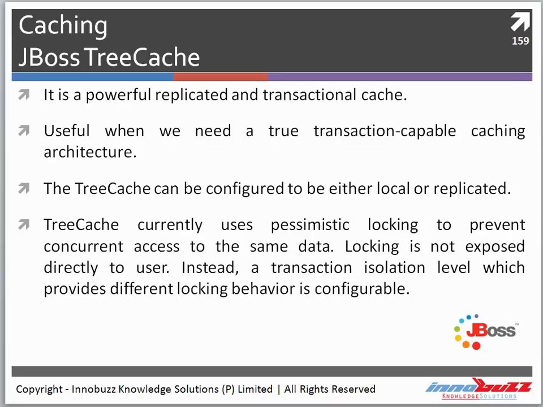JBoss Cache's goal is to provide enterprise-grade clustering solutions to Java-based frameworks, application servers, or custom-designed Java SE applications. Since JBoss Cache is a replicated cache, state is always kept in sync with other servers in the cluster.